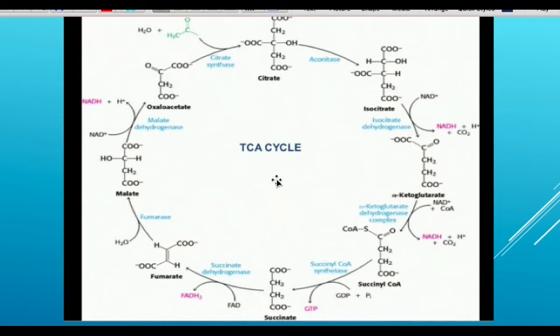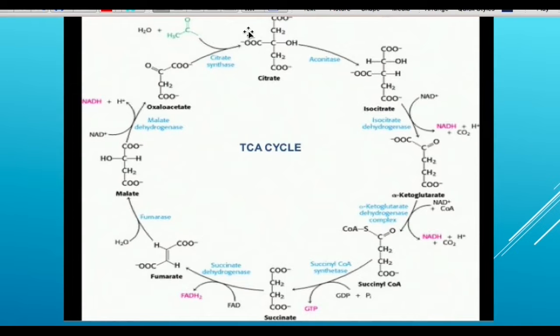In step 1, we take our acetyl-CoA and combine it with a 4-carbon molecule known as oxaloacetate to produce a 6-carbon citrate molecule. We take the acetyl portion of acetyl-CoA, leaving out the CoA portion, which will be used at a later stage of this reaction.